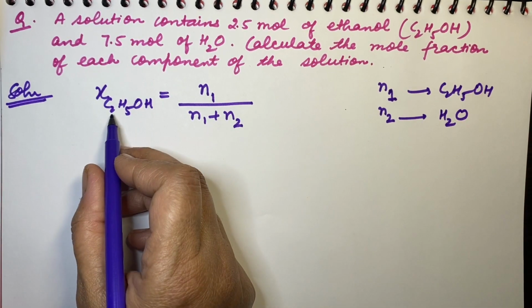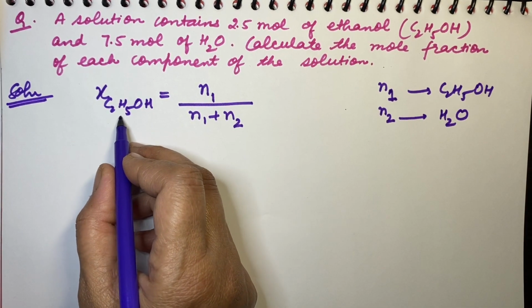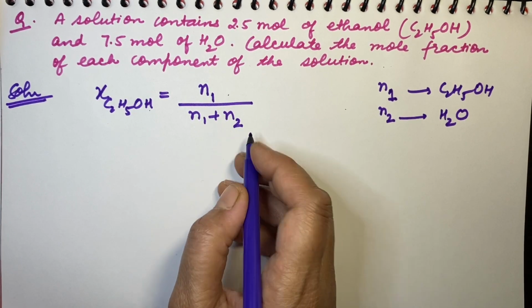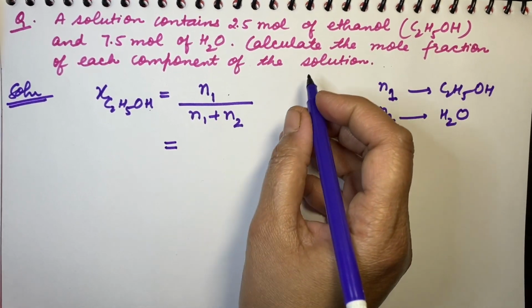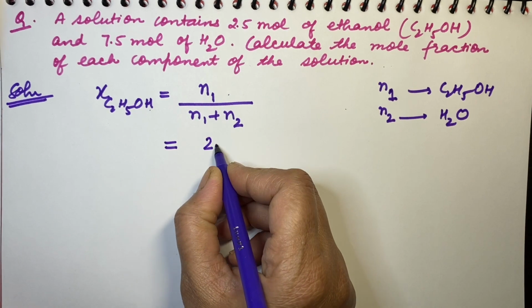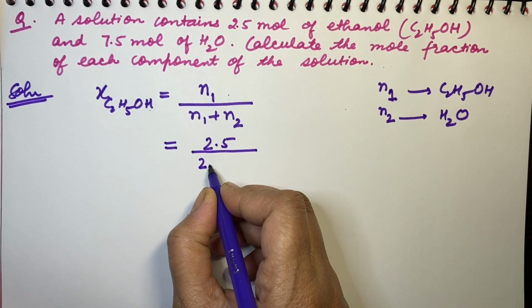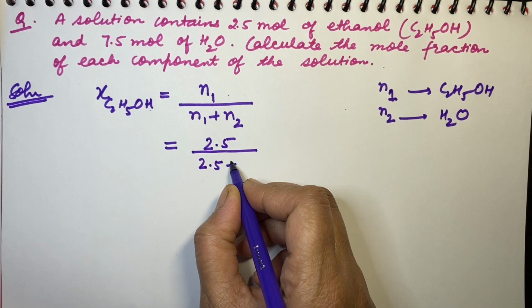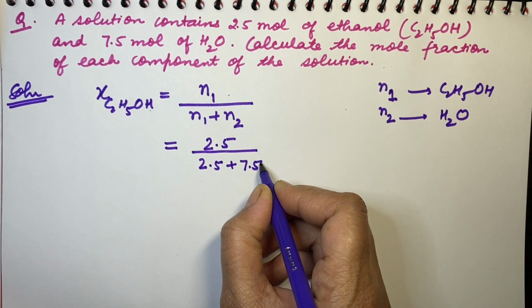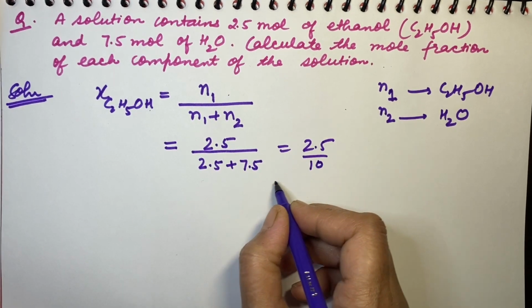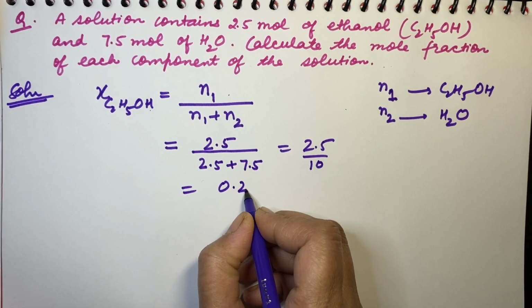Then the mole fraction of C2H5OH will be equal to N1 upon N1 plus N2. N1 is given as 2.5 moles, divided by the total, that is 2.5 plus 7.5. That gives 2.5 divided by 10, or simply 0.25.